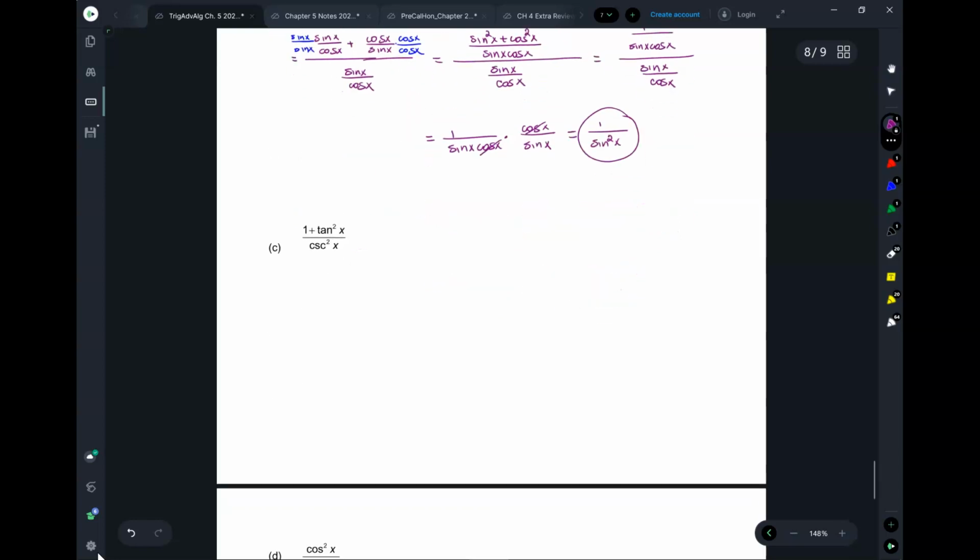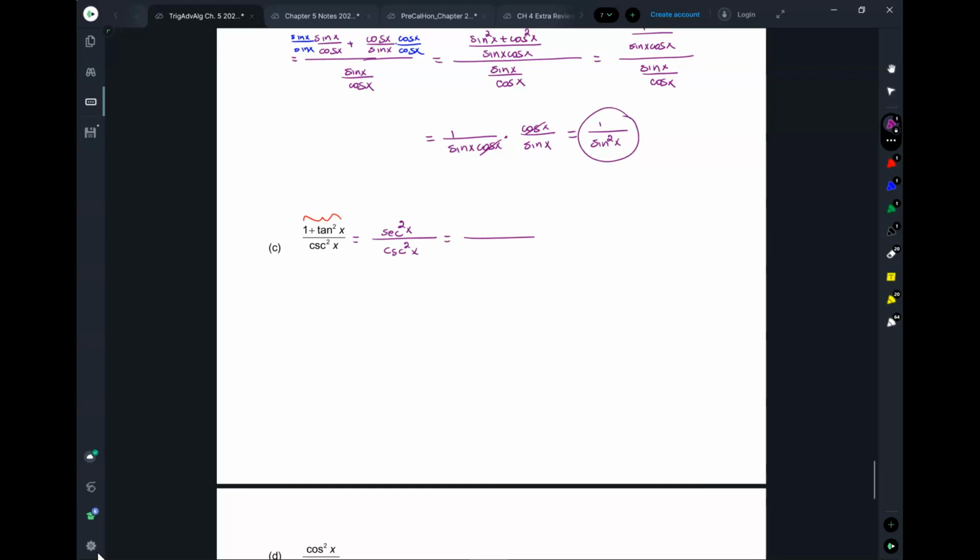Okay, here, from the box, 1 plus tangent squared x is secant squared x. Cosecant squared x, we're just going to copy it over. Now we have to write these in terms of sine and cosine.